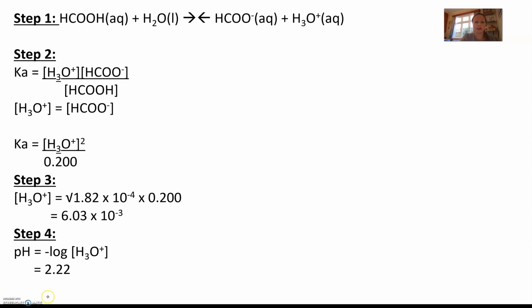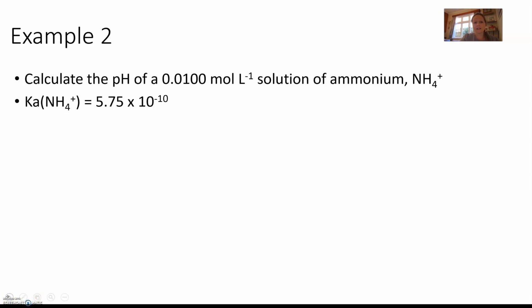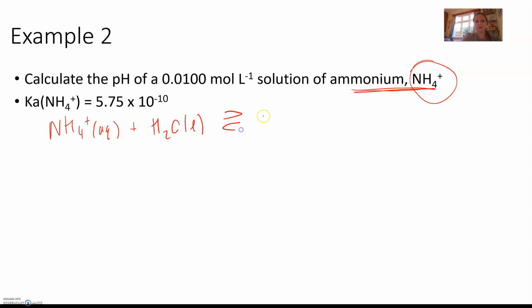Okay, and this is the working again. Example 2: calculate the pH of a 0.01 mole per litre solution of ammonium. Now remember, ammonium is the conjugate acid of the weak base NH3, and it's weakly acidic. So we can write the equation NH4+ aqueous plus H2O, equilibrium arrows, forms NH3 aqueous plus H3O+, and we can write a Ka expression.